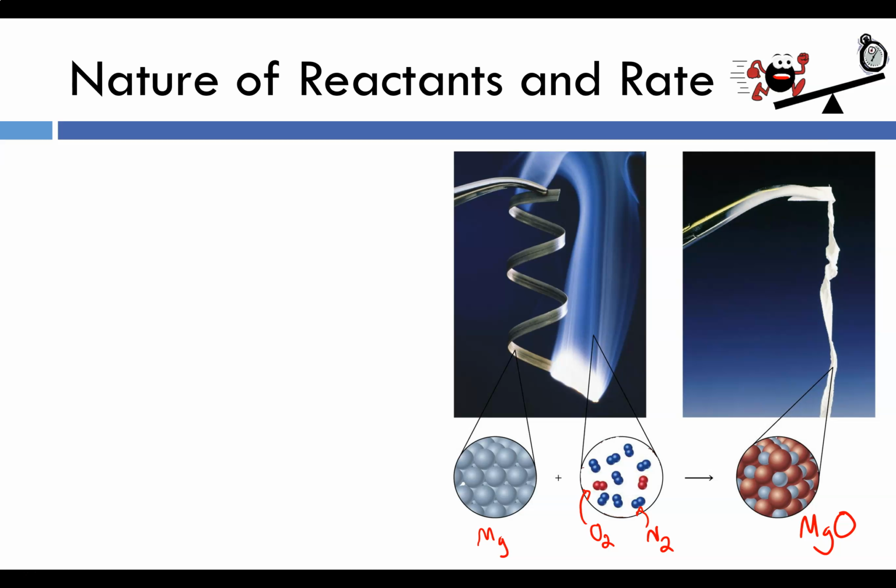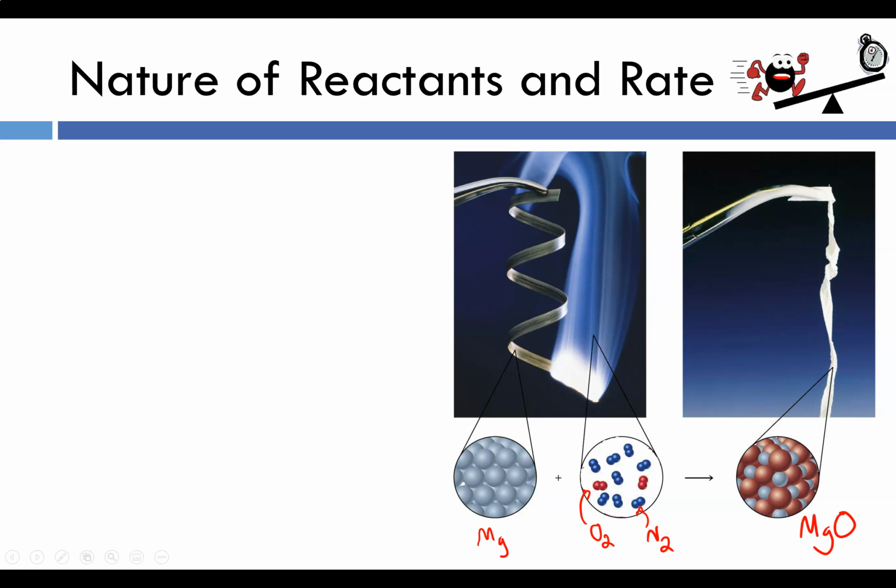This is the nature of the reactants. There is more nitrogen present in the atmosphere than there is oxygen, but magnesium preferentially reacts with the oxygen to form magnesium oxide in this case. Why might that be?